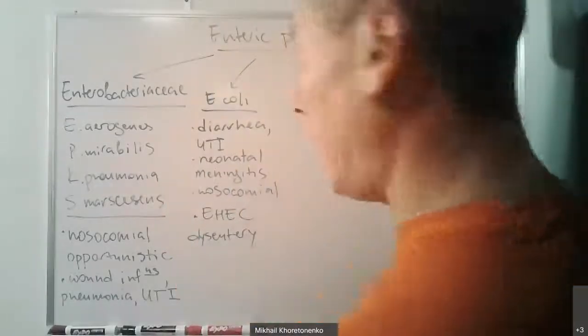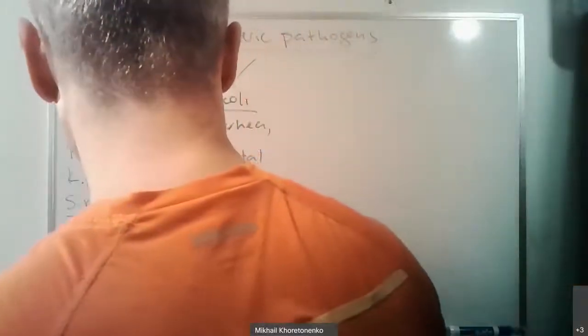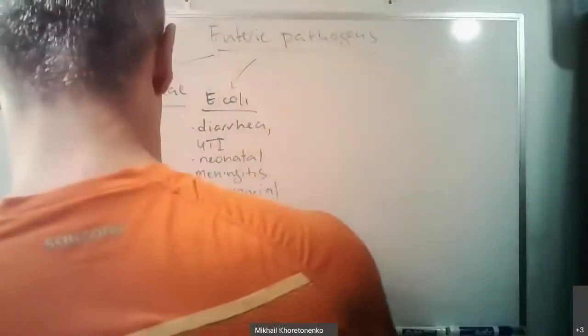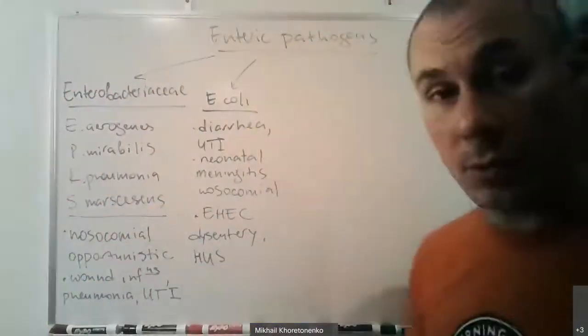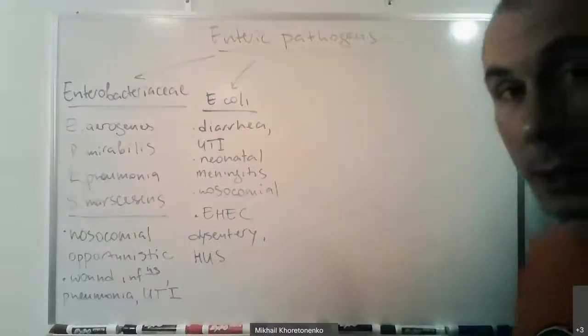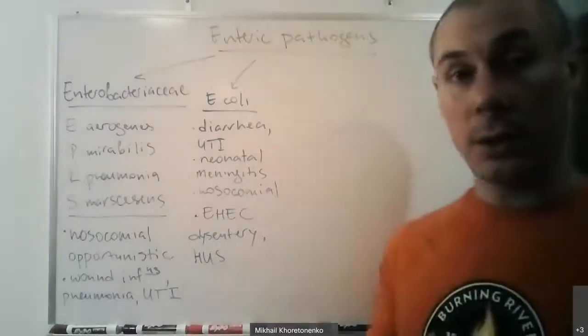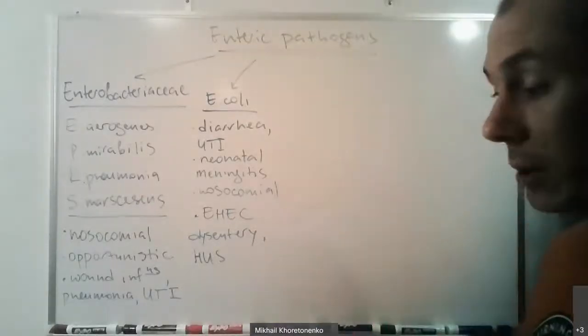So EHEC can cause dysentery and so-called hemolytic uremic syndrome. So what is dysentery and what is hemolytic uremic syndrome? Dysentery is the bloody stool because infection causes lesions in the colonic epithelium.